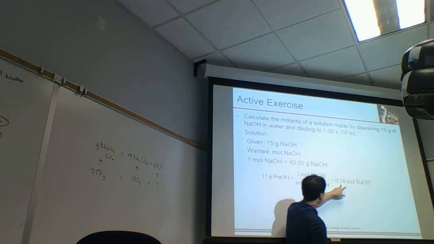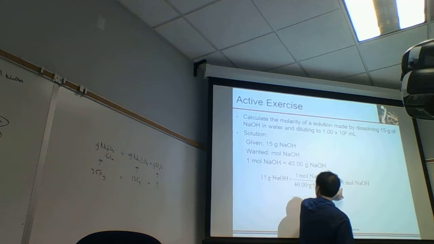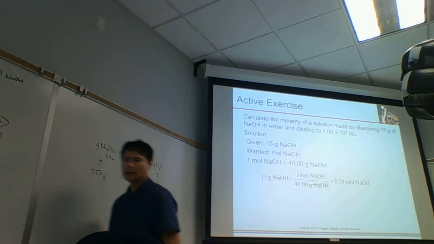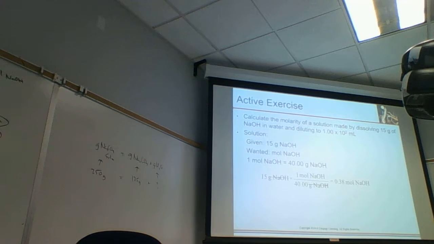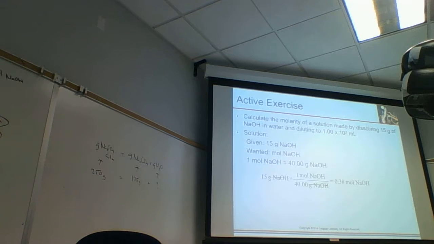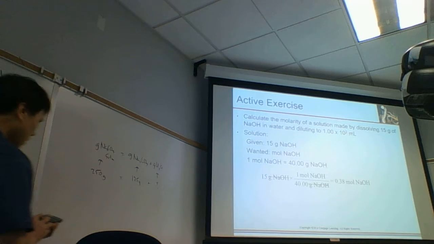So we have 0.38. I don't round here because that would be an intermediate rounding step. I prefer not to do those. So let me recalculate that number without doing the intermediate round. Or you just carry all the digits in your calculator. The best is just to leave it in your calculator.